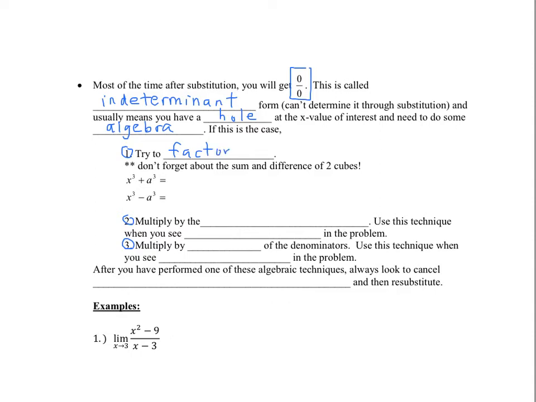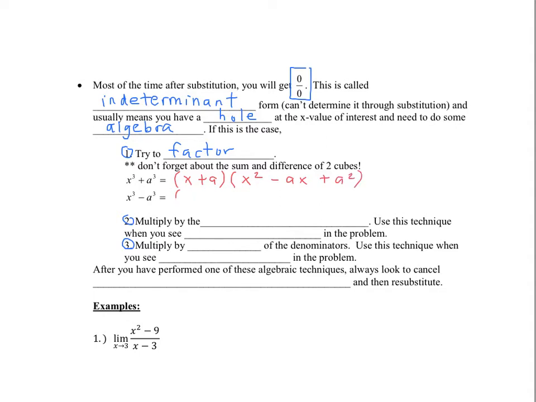Now you're not always going to have a simple factoring problem in front of you. Sometimes you're going to have to deal with a sum or a difference of 2 perfect cubes. So you're going to have to recall these formulas. If you have a sum of 2 cubes, then it's going to factor into x plus a times x squared minus ax plus a squared.